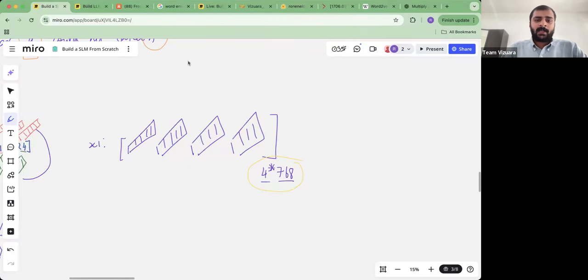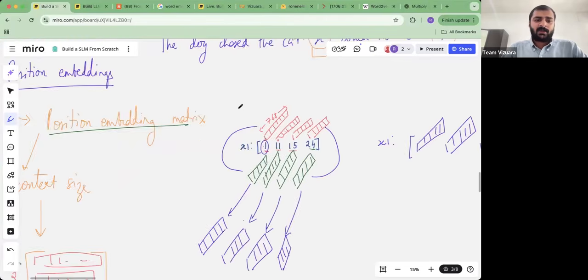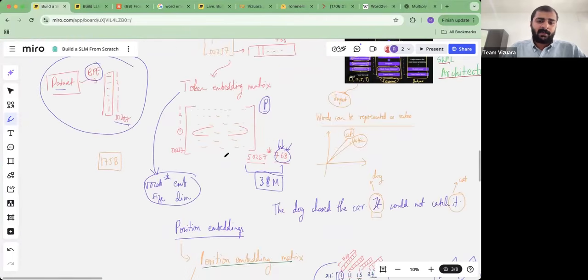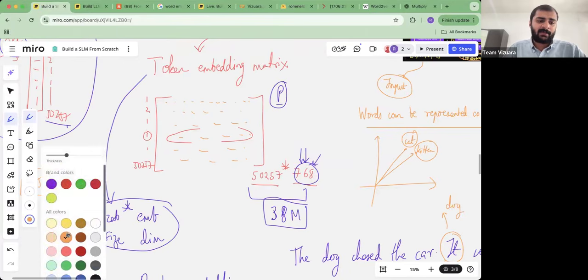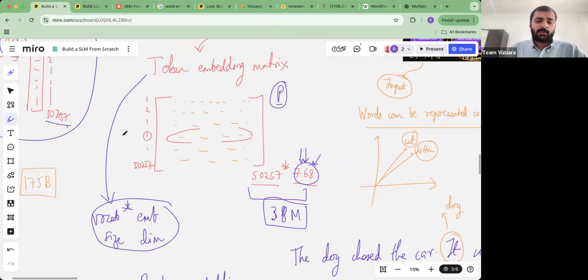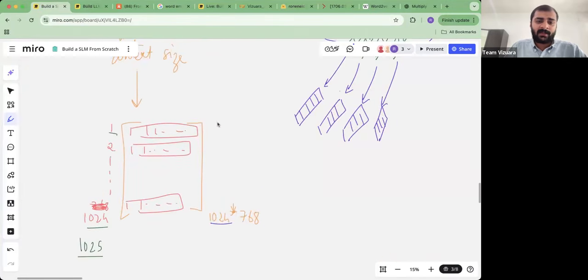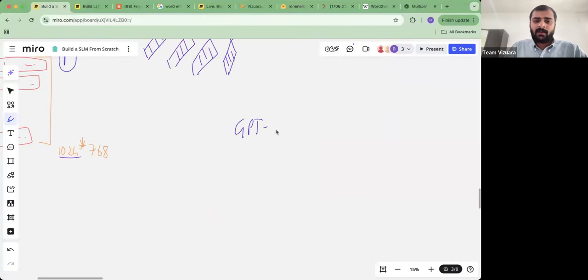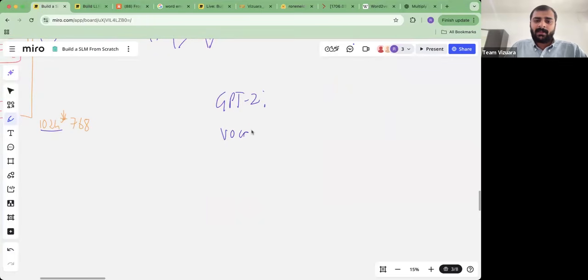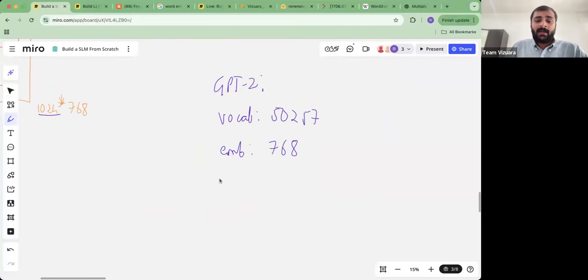Okay. Now, one more thing which I forgot to do here, and keep reminding me regarding this. Here I marked it as P. These are trainable parameters in the token embedding matrix, which I'm marking as P right now. But we also have trainable parameters in the position embedding matrix. If you're considering GPT-2, for example, the vocabulary size is 50257, the embedding dimension is 768, and the context window is 1024.